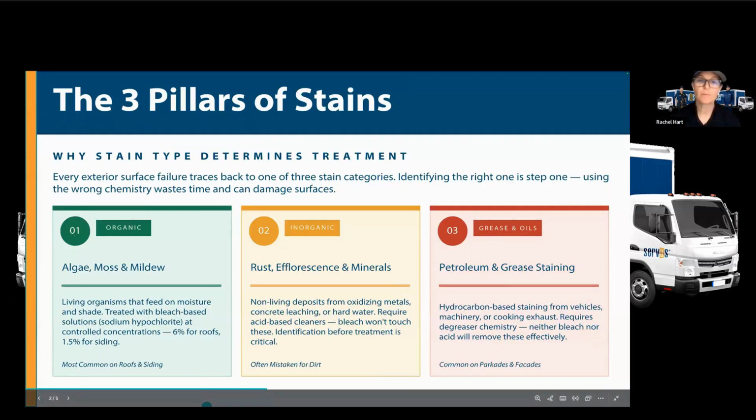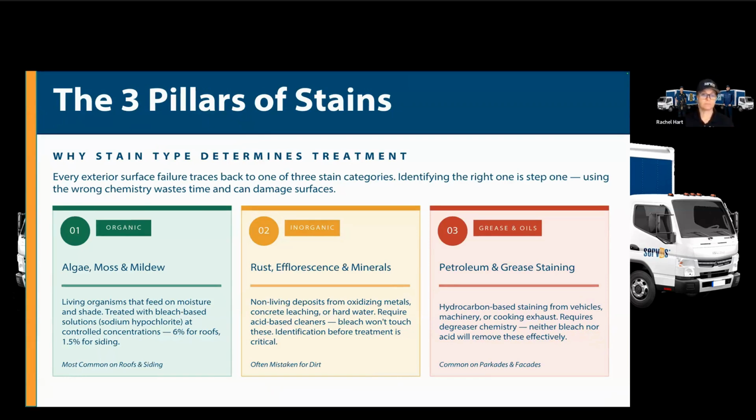All right, okay, all on you, Rachel. All right, so I'd like to start off by identifying soft washing in and of itself. We are not dealing with just organic growth. We're dealing with multiple different surfaces and contaminants on those surfaces, so there are different products used for each one.